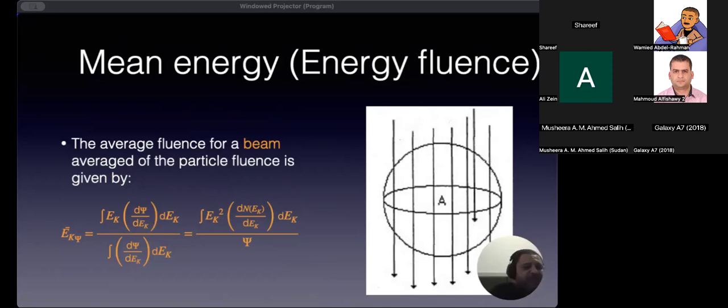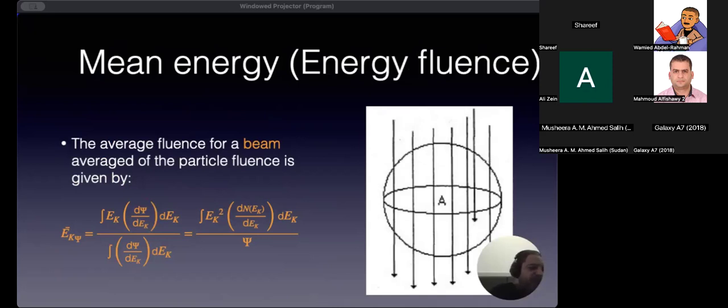And they are different. I'm going to show you an example between the two. So the average energy for a beam, averaged over the energy fluence, is given by integrating the energy fluence density, which is the main quantity.